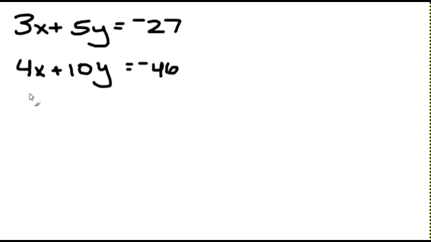So we're going to have to use elimination rather than substitution. So if we take out the common factor of 2, we get 2x plus 5y is equal to -23.